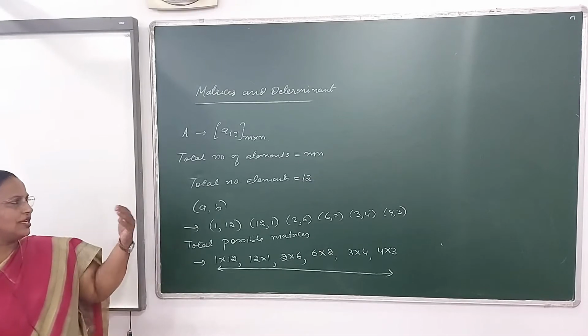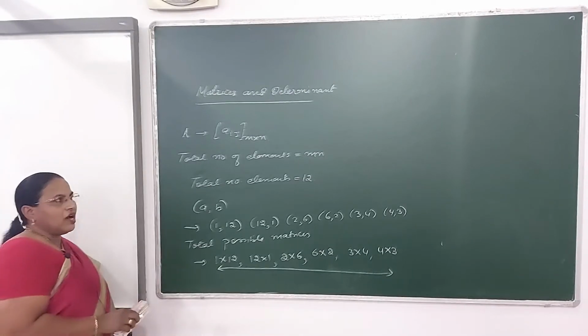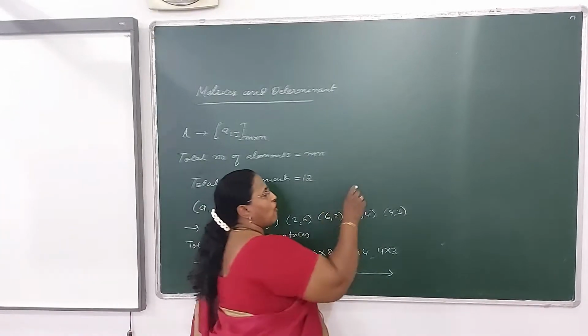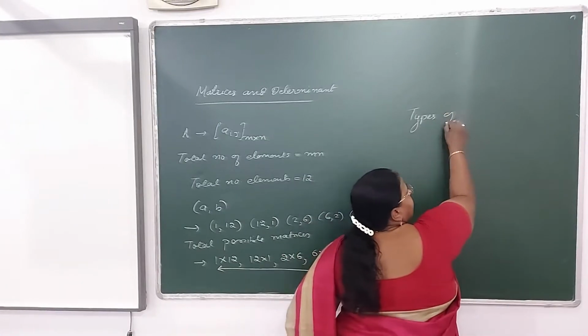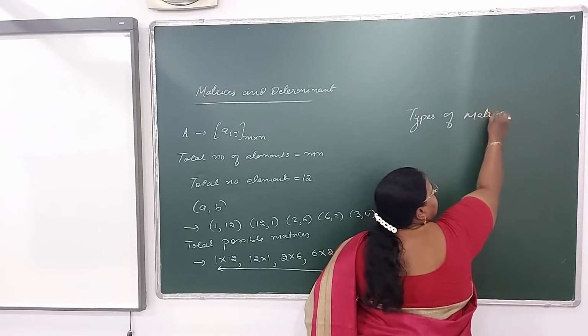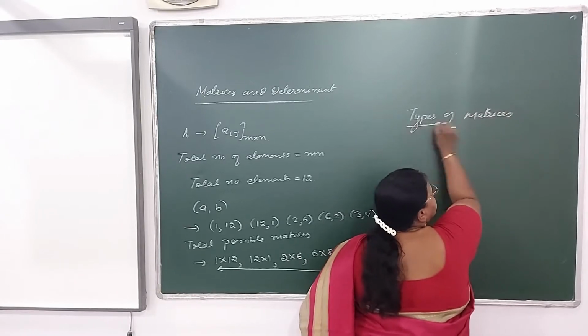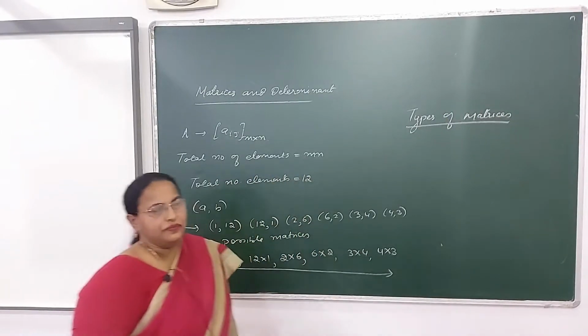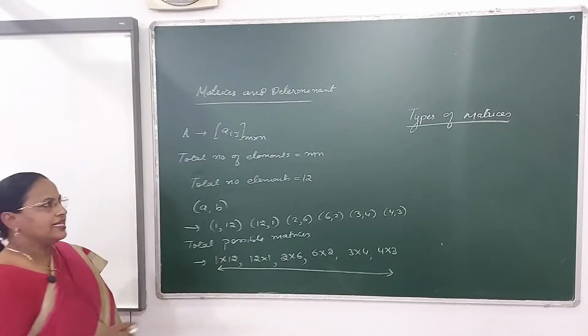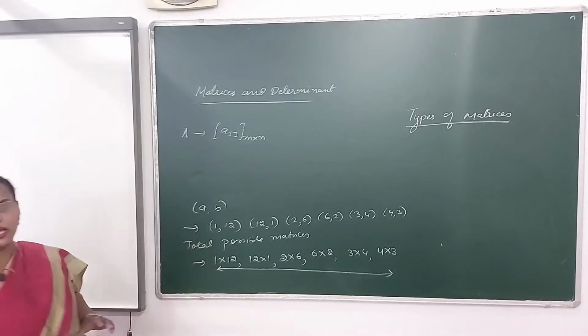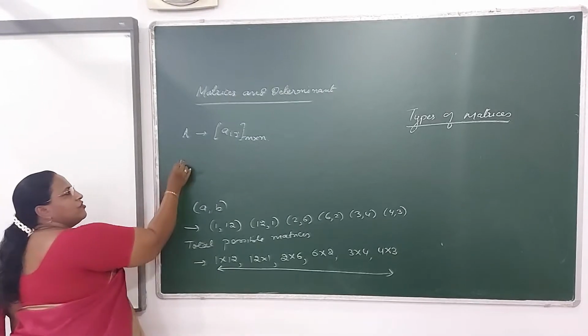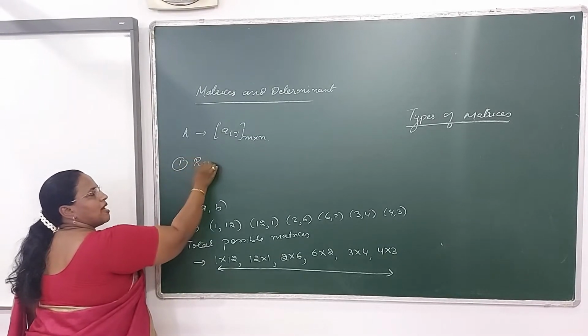So moving to the next topic. Now the next is types of matrices. So let A be a matrix of order m by n. The first type is row matrix.